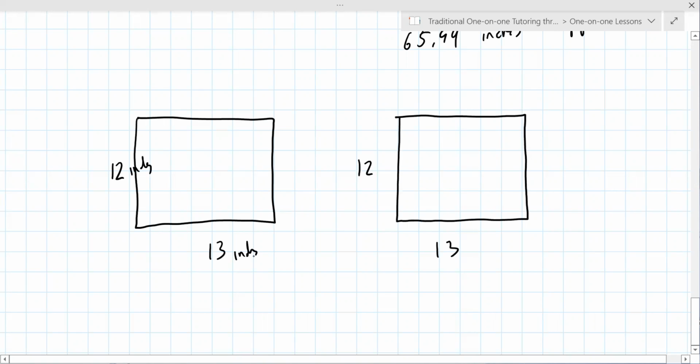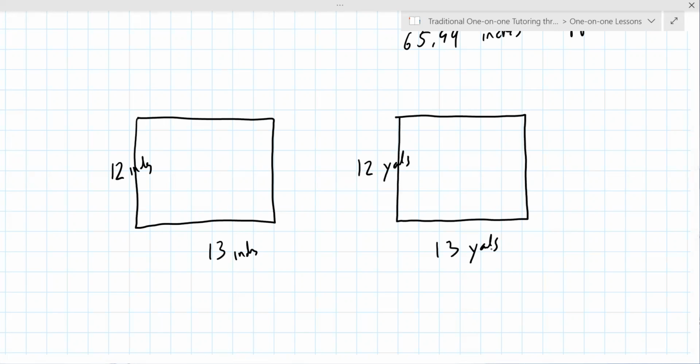That's a pretty small room. Or do they mean 12 yards by 13 yards? The units matter, right? You just went to Phoenix and you want to know how far it is. Your parents tell you it's 100 miles. So the units really matter. If you give a person a number without the units, it's incomplete.